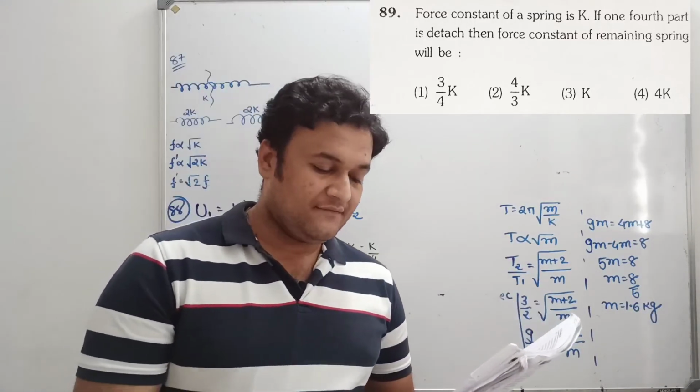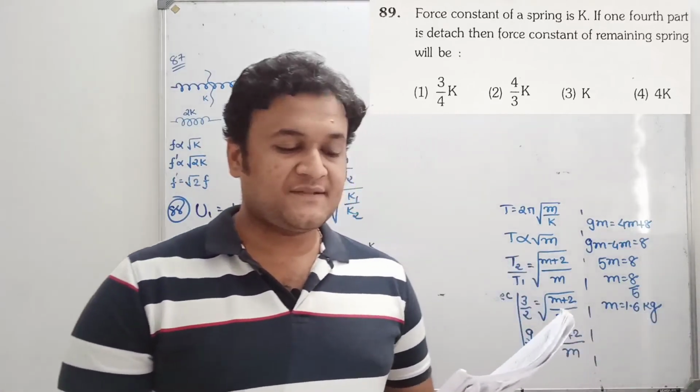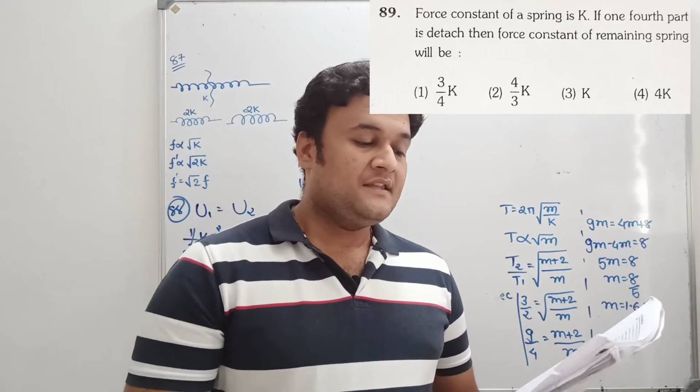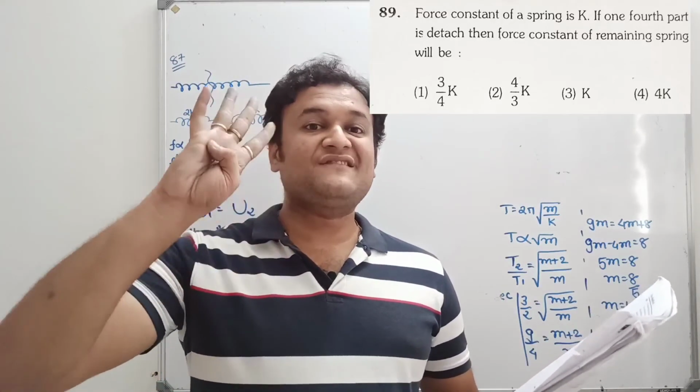Now 91, the time period of mass suspended from the spring is T. The spring is cut into 4 parts, so k dash becomes 4k.